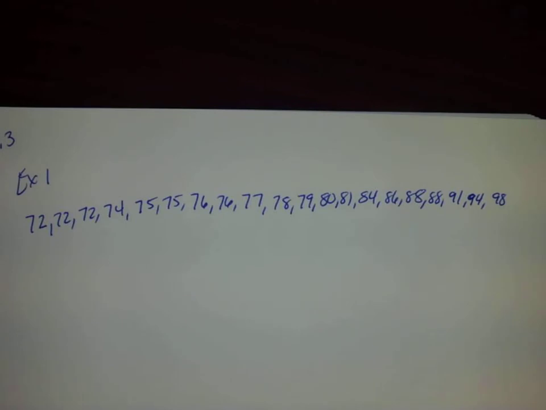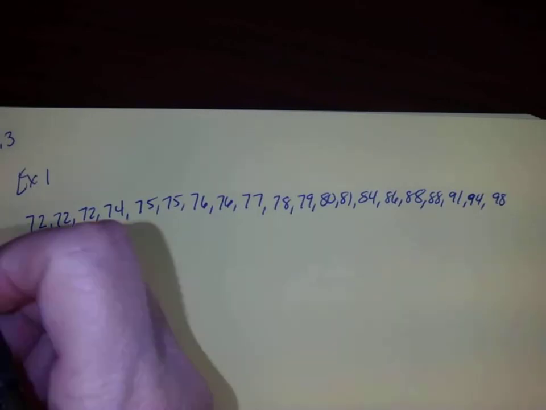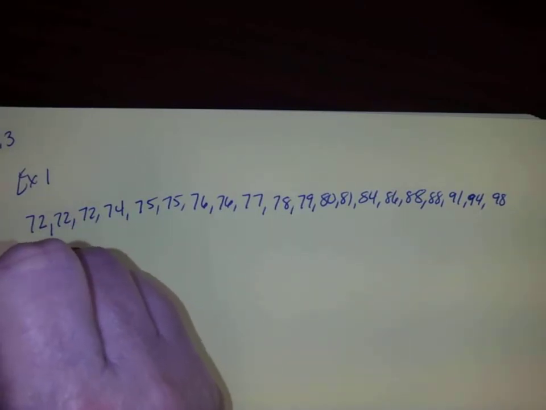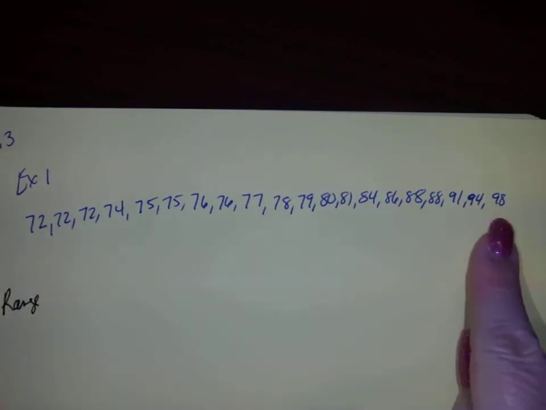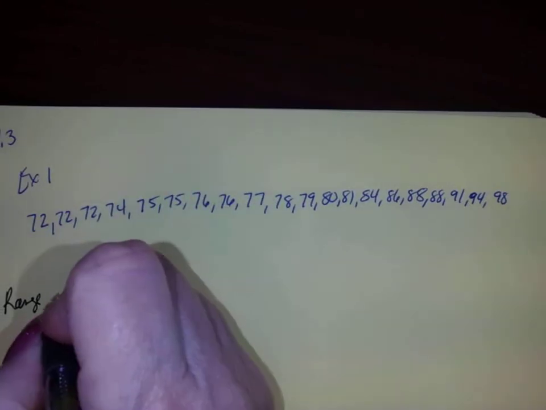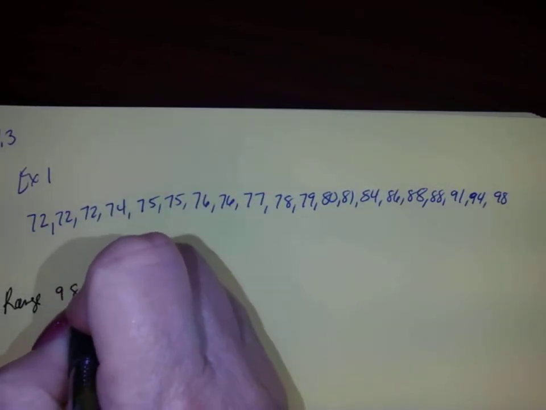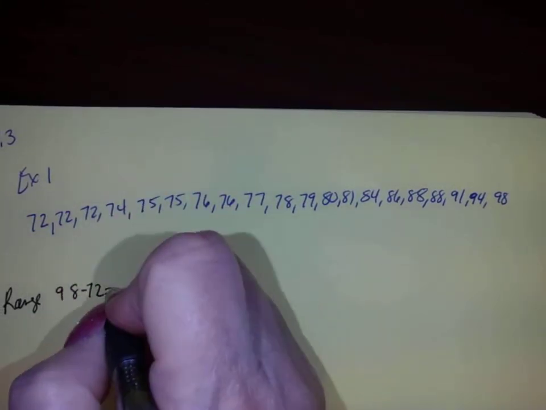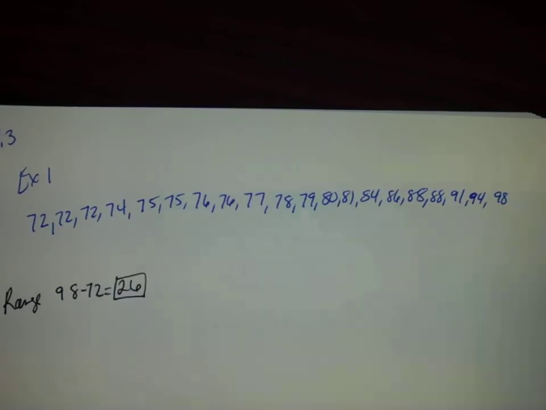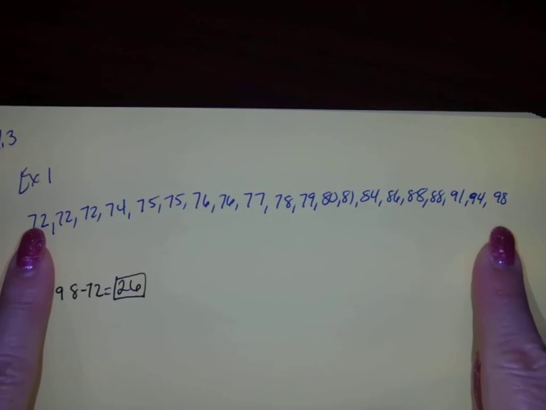Okay, so what we need to do first is find our range. Our range, again, is going to be our max minus our min. So 98 minus 72 will get us a range of 26. Now, what I want to do is find my values, okay?